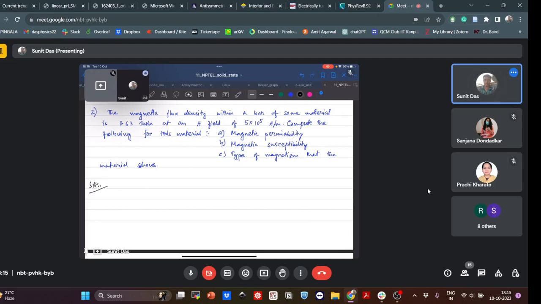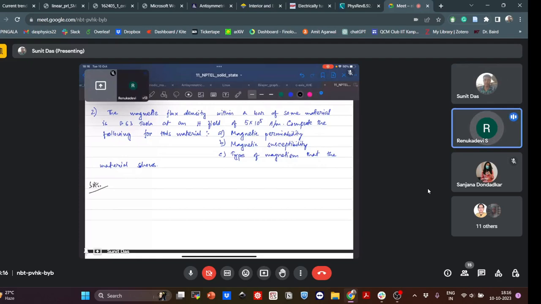So anyone? The B value is 0.625. Sorry, the mu value is 1.256. Okay, let me check. No, the mu value is 0.126 into 10 to the power minus 5. That means 0.1256 into 10 to the power minus 5, right.